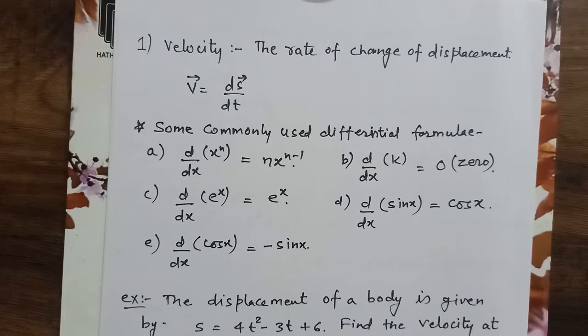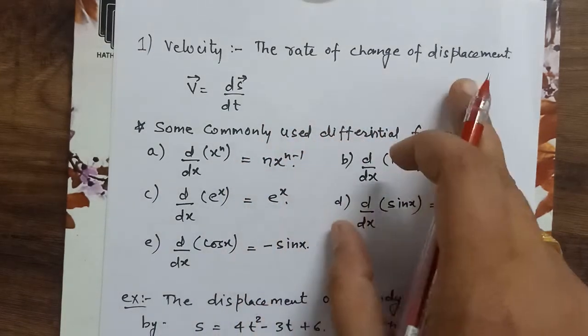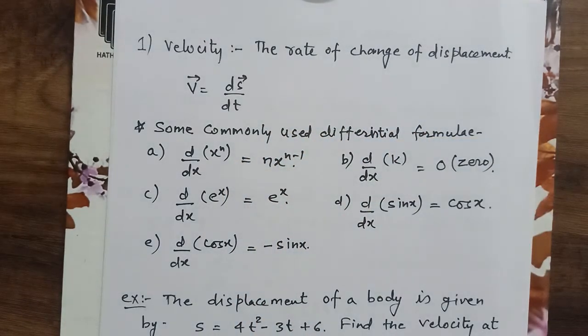Good morning, students. In this video, I am going to show you the applications of integration and differentiation formulas in describing a motion. So, what is velocity? We say that the rate of change of displacement is called velocity.